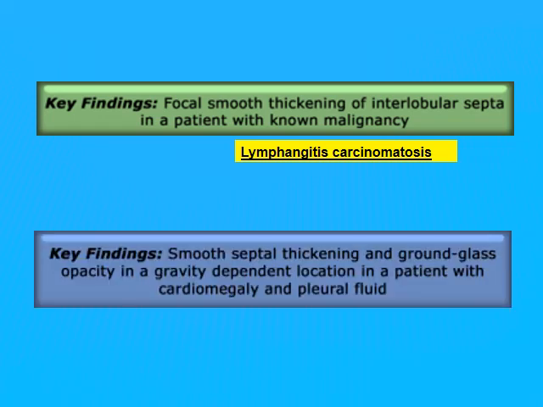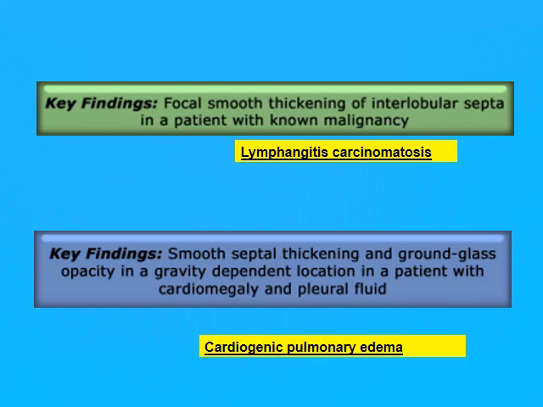Smooth septal thickening, ground glass opacities in a gravity-dependent location in a patient with cardiomegaly and pleural effusion: cardiogenic pulmonary edema.